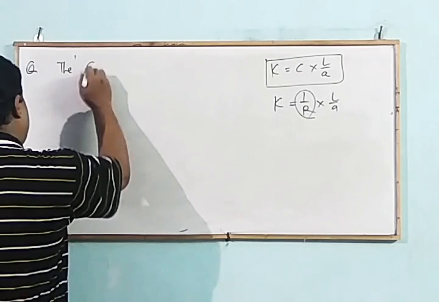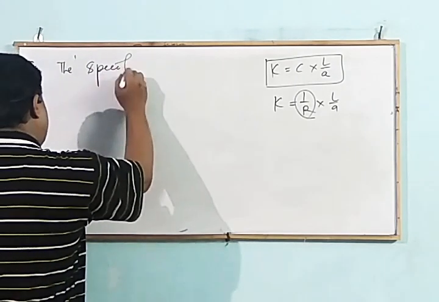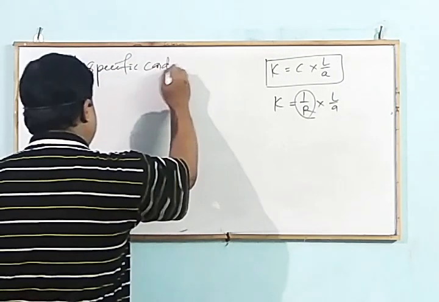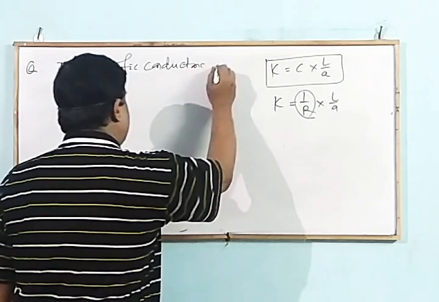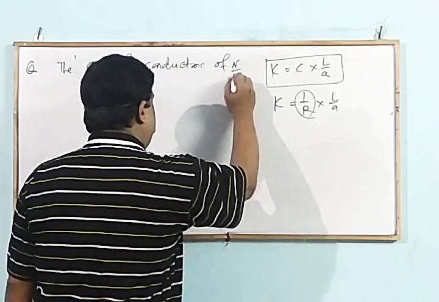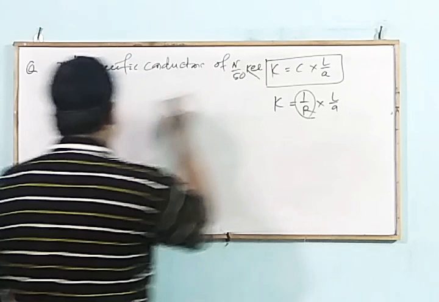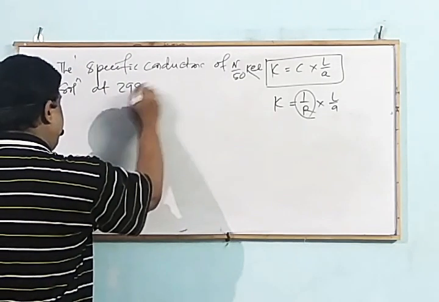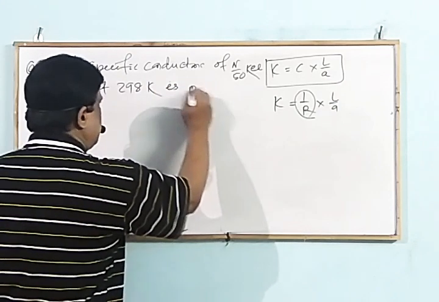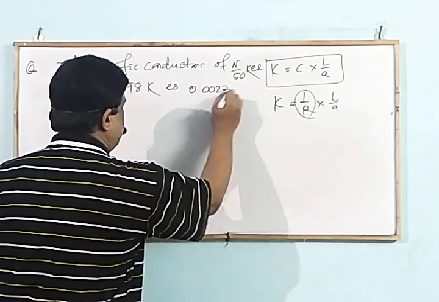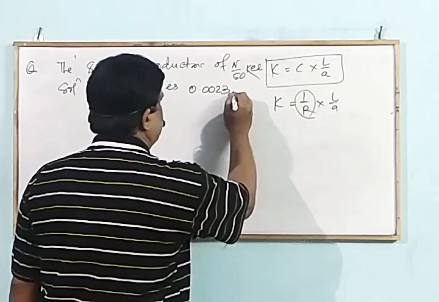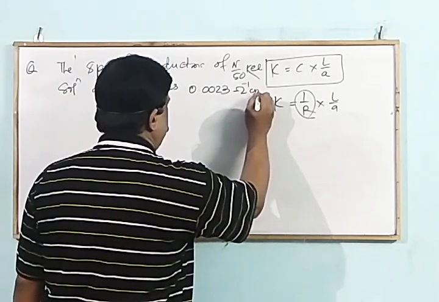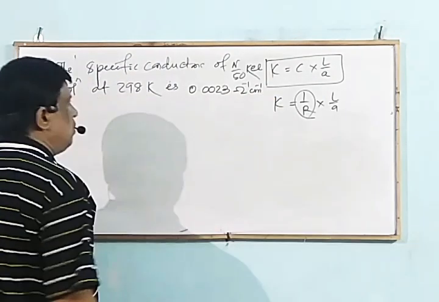The specific conductance of N by 50 KCl solution at 298 Kelvin is 0.0023 ohm inverse centimeter inverse.